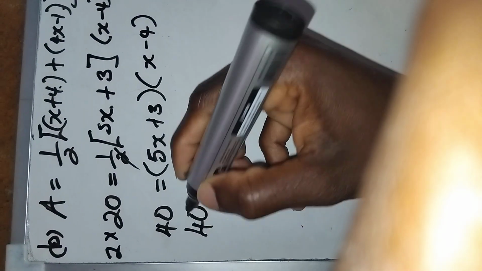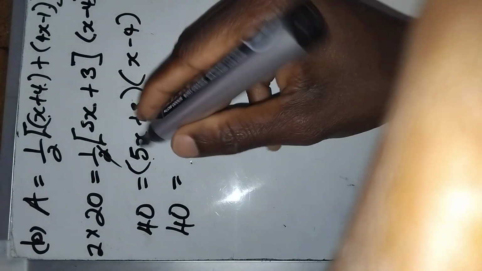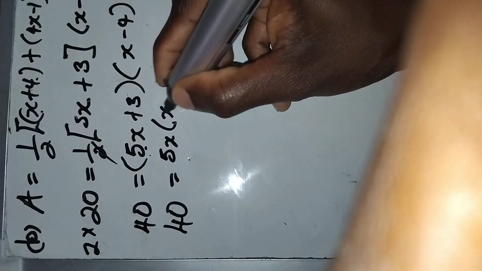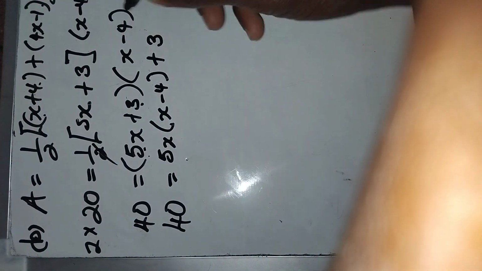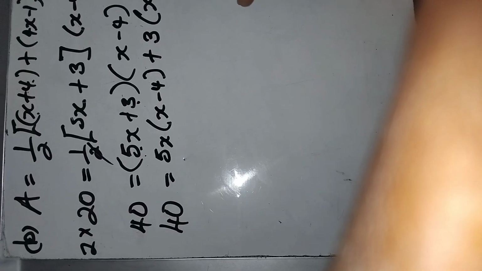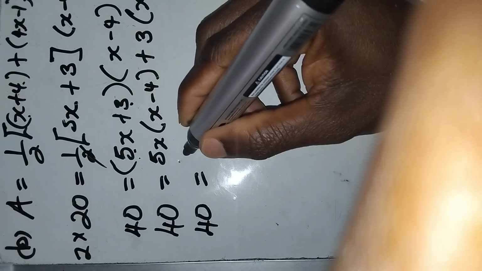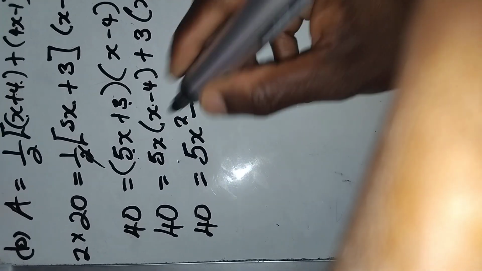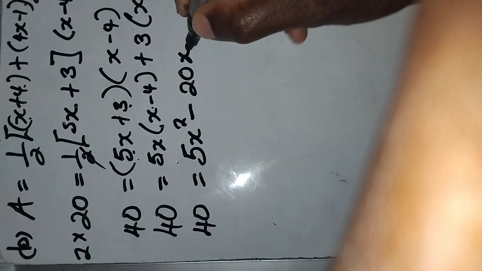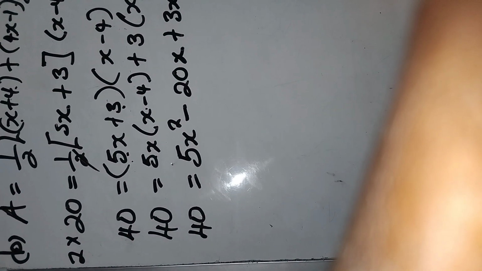So 40 is equal to 5x plus 3 times x minus 4. We expand the brackets: 5x times x is 5x squared, then 5x times minus 4 is minus 20x, then plus 3x minus 12.